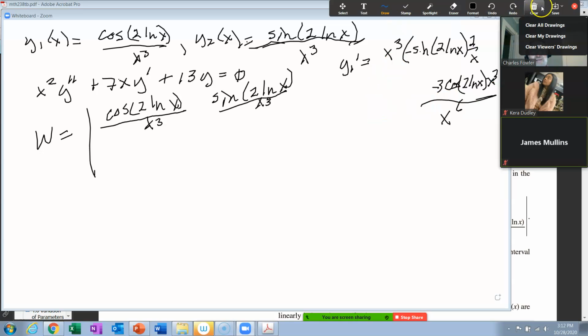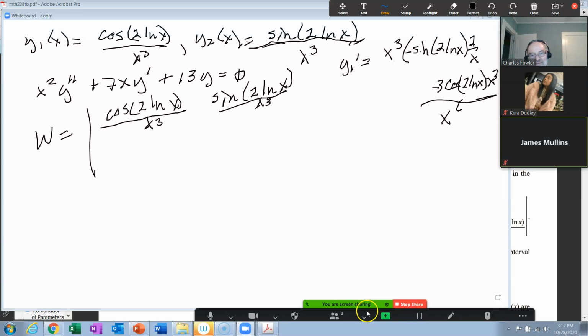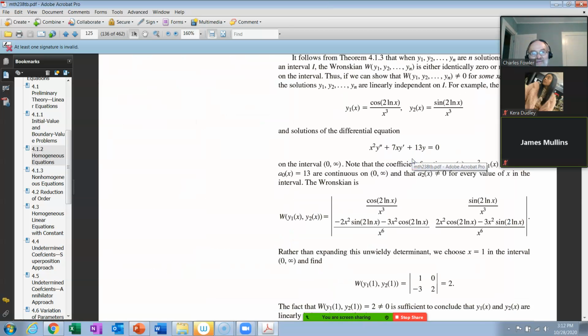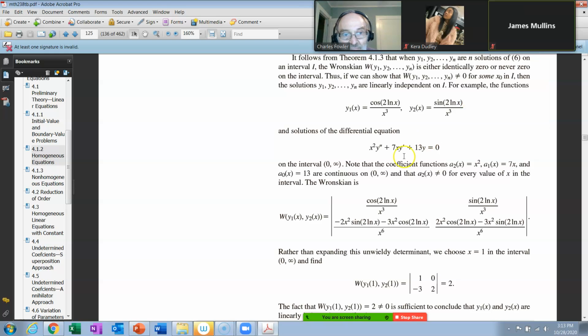So let's see if that's indeed what we come up with here. Got to move y'all out of the way again. Minus 2x squared sine of 2 log x minus 3x squared cosine of 2 log x all over x to the 6th.